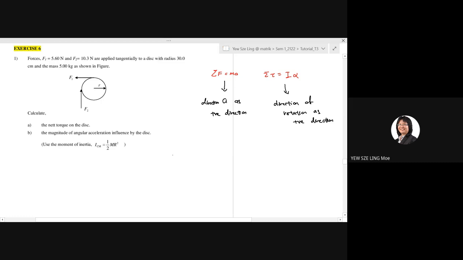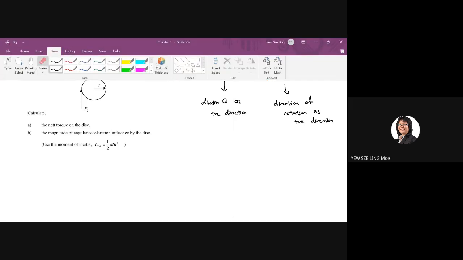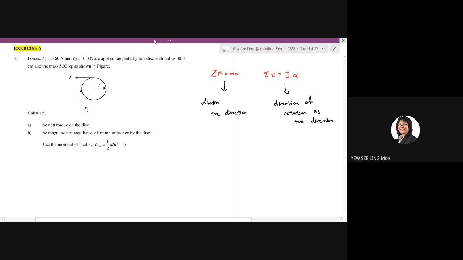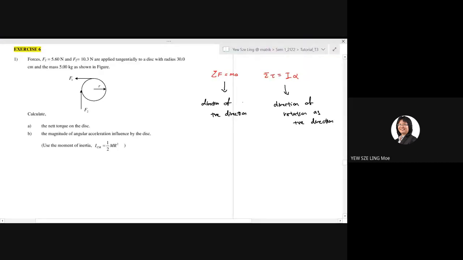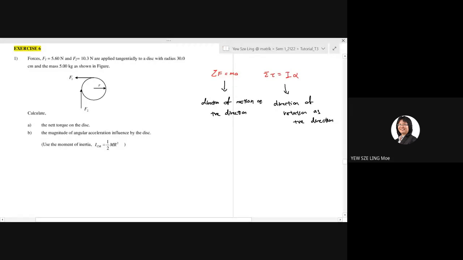That is for equilibrium, that is for first law. In Newton's first law, we take right hand side positive, left hand side negative. So in equilibrium, we take clockwise negative, anti-clockwise positive. But when it comes to Newton's second law, we take the direction of a, to be more precise, the direction of motion, as the positive direction.